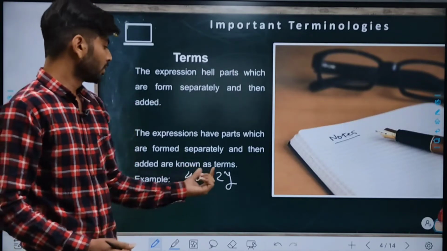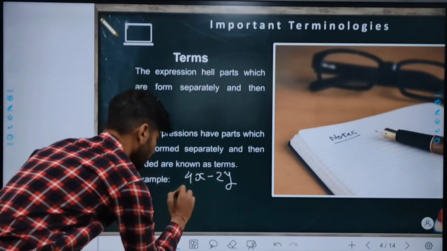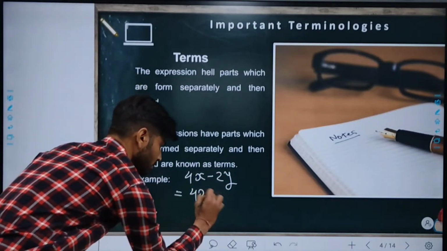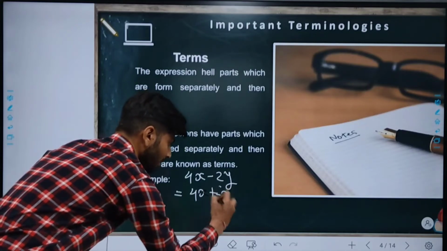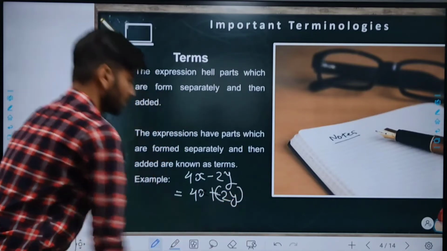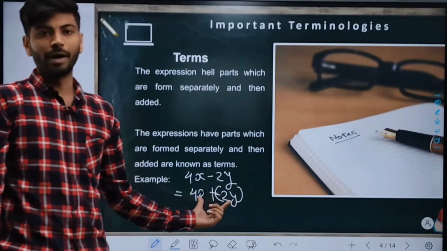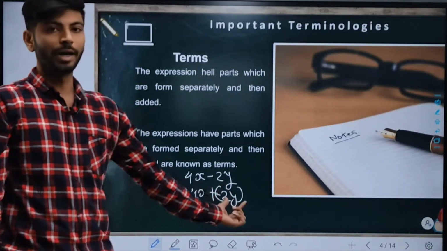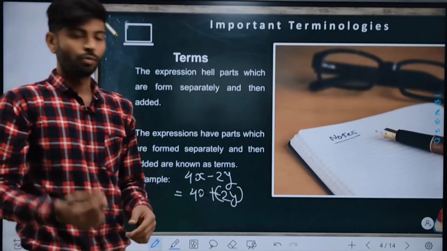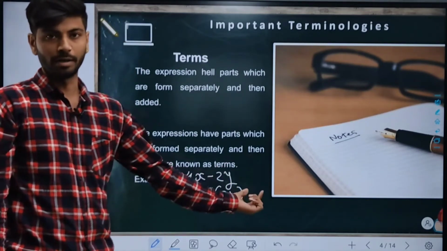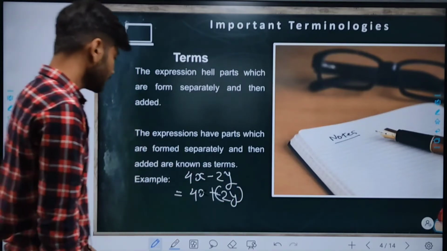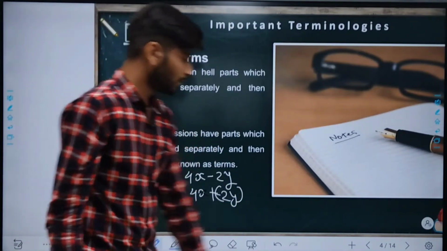But you know that we can write 4x plus minus 2y. So now you can say the two parts 4x and minus 2y are added. So which are the terms in this expression? 4x and minus 2y. Okay. Let's see now the next topic.